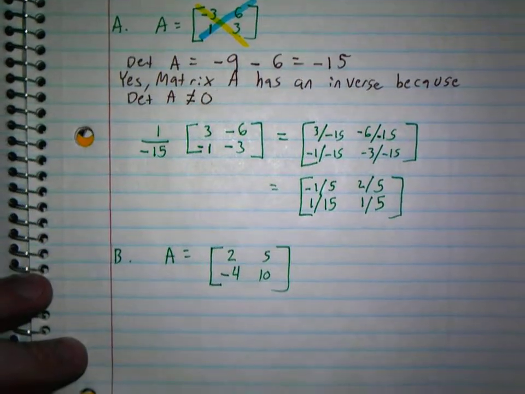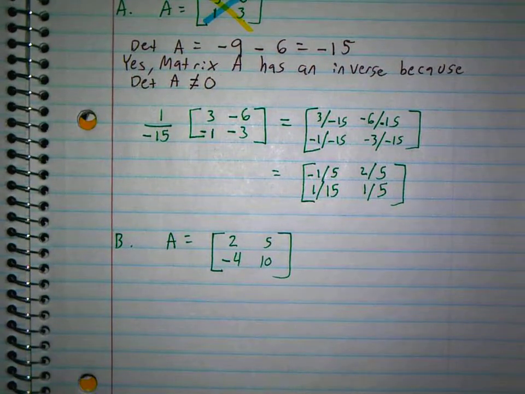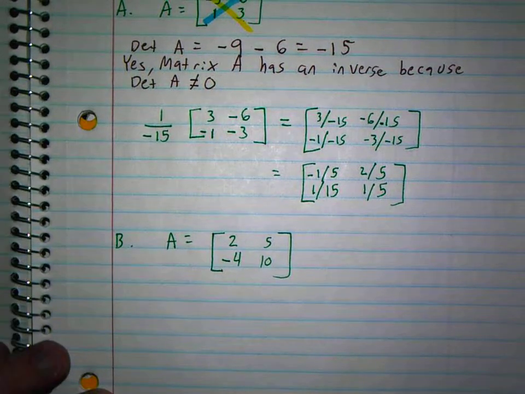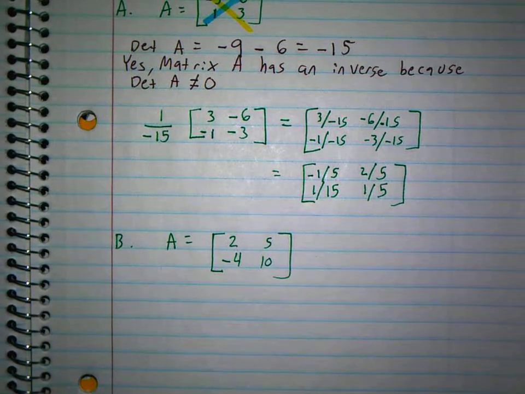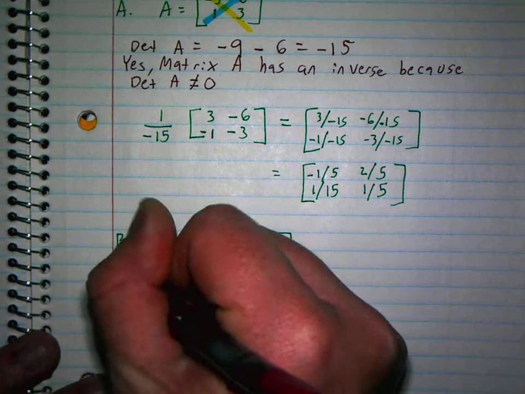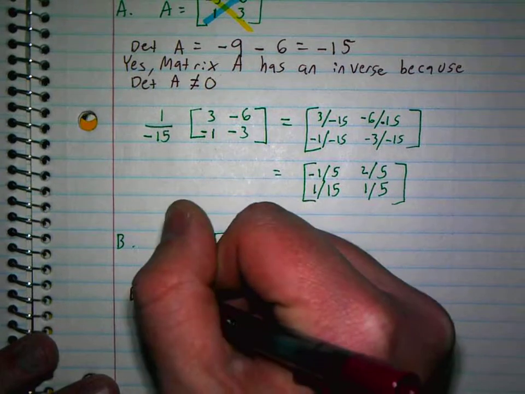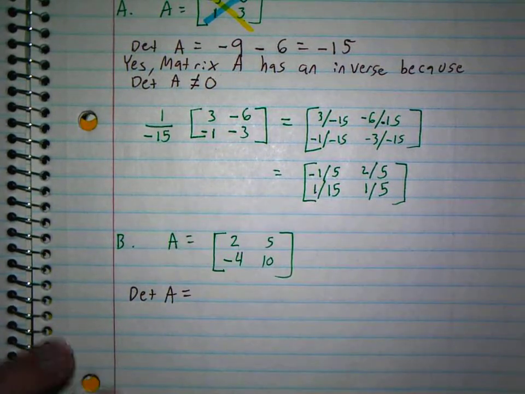All right, B. Let's do B together, and then I have one for you to do yourself. So first we need to do what? We need to determine if there's an inverse. So how do you do that? Find the determinant, correct? And so it's what? 20?